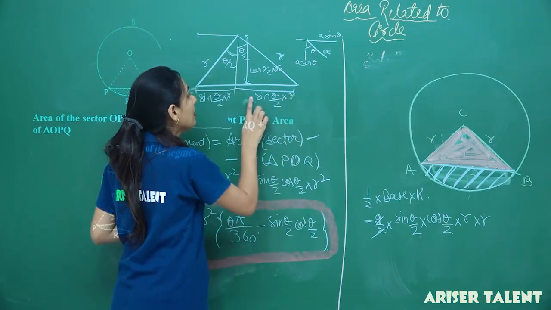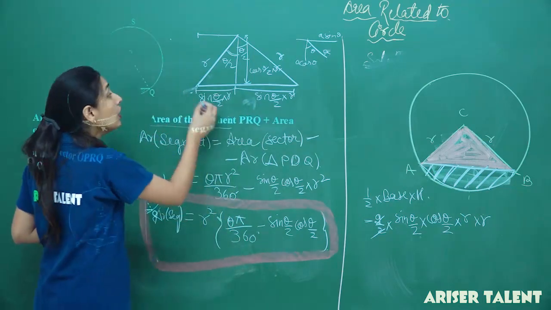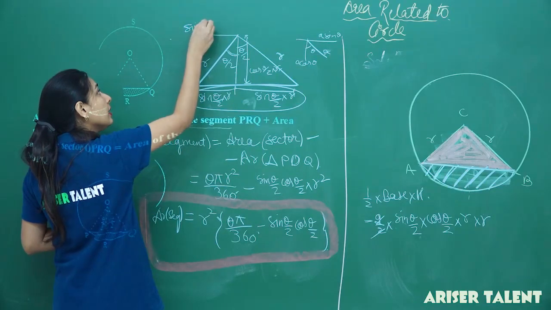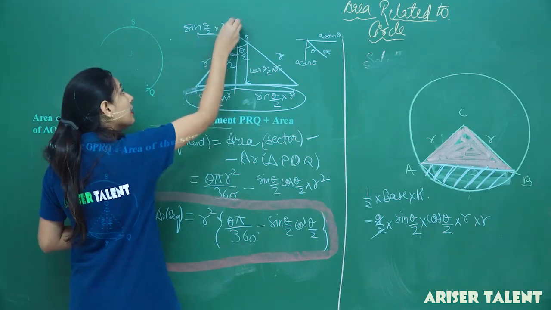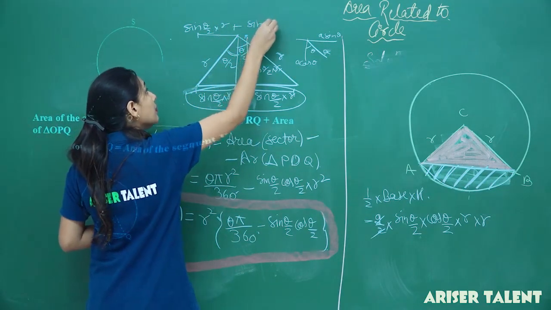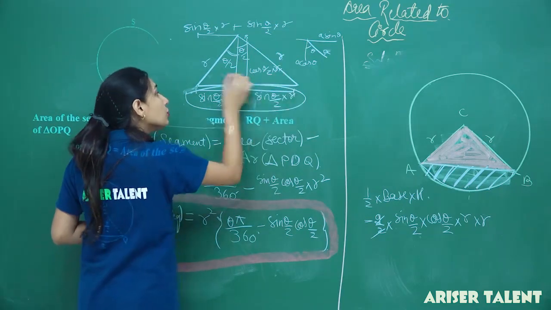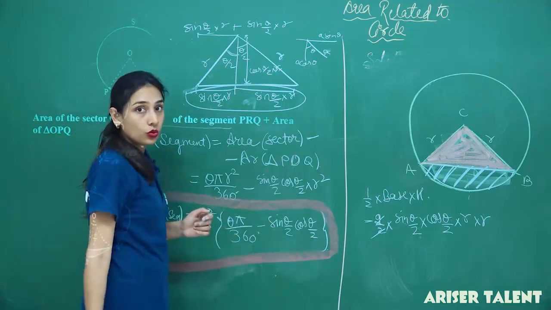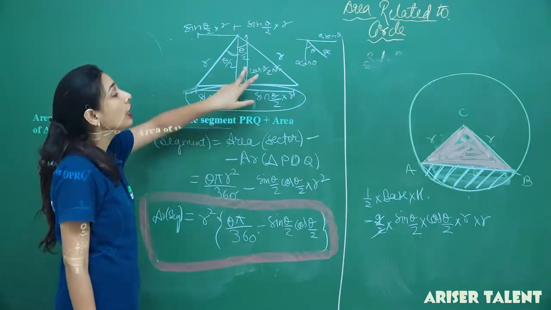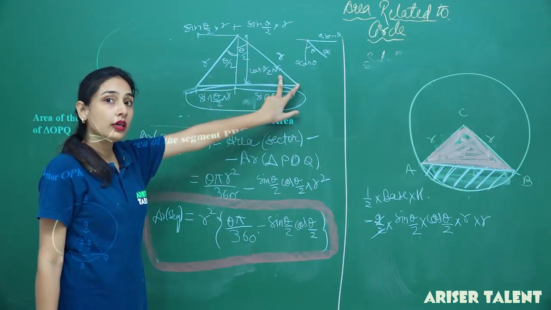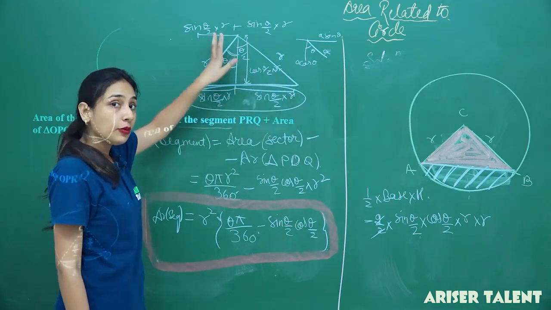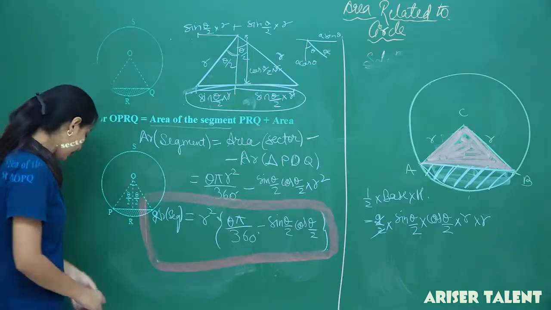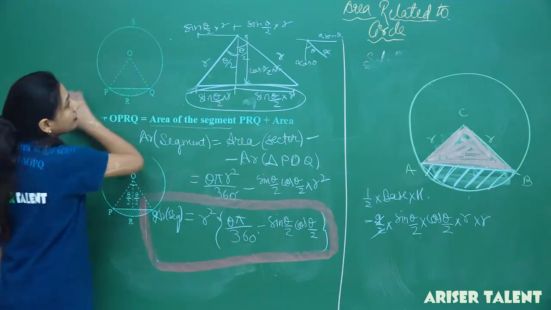So this base will be sin theta by 2 multiplied by R plus sin theta by 2 multiplied by R, so this is 2 R sin theta by 2. This is the base, and R cos theta by 2 is the height. I just calculated the area here. So you got that.